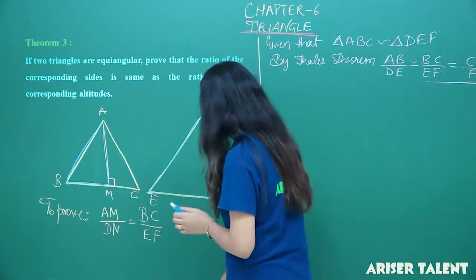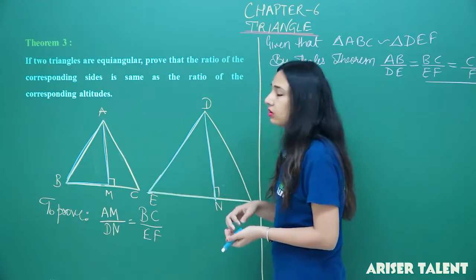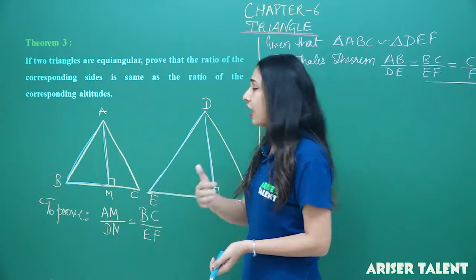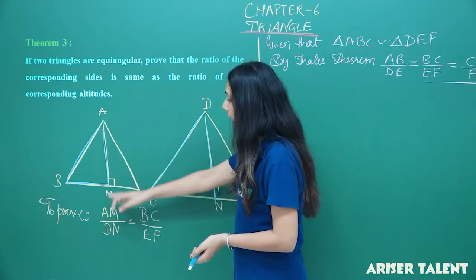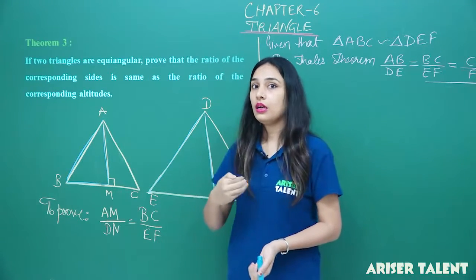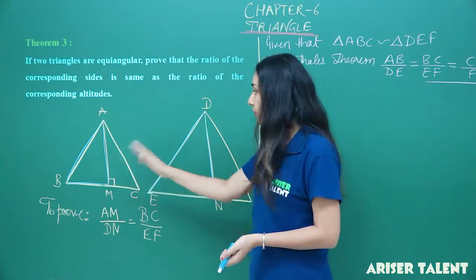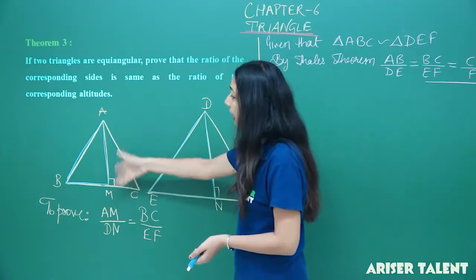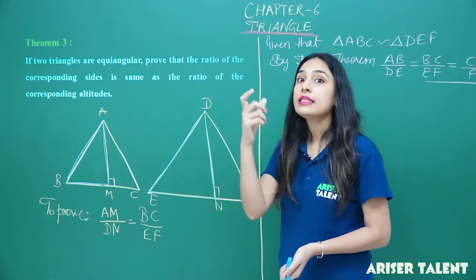We have to prove AM by DN, so it's our requirement. We should have AM and DN in our equation. So for our sake, we have to take triangles in which we are having these sides common.